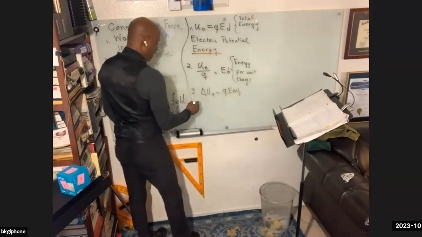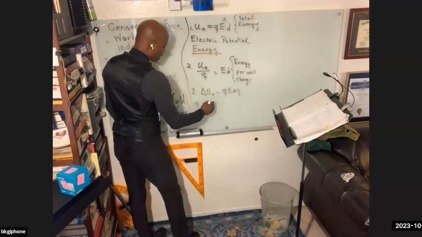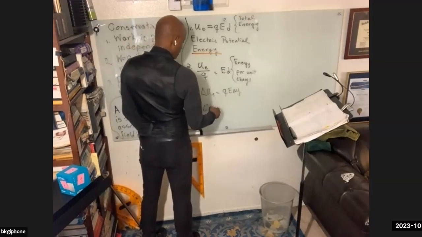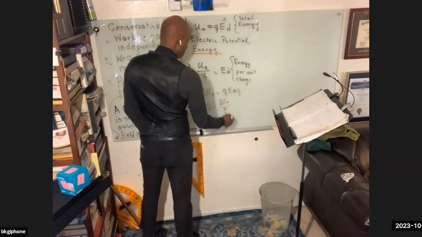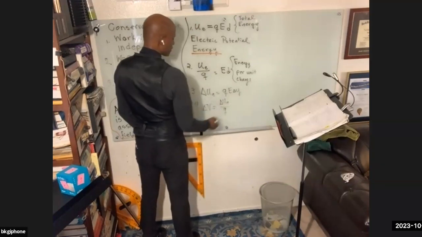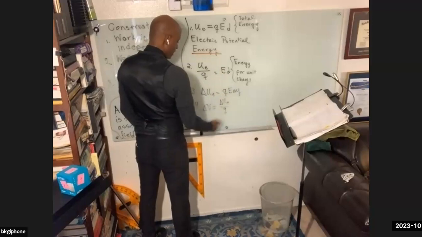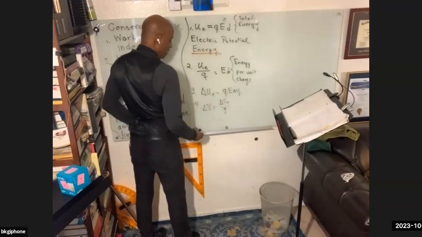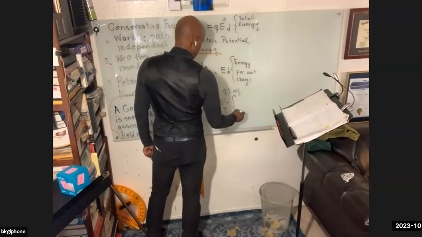And so I can define a change in electric potential, delta V, as delta U over q. In this particular case, that would also be equal to Ed, but in general, this is the relationship. And so this becomes the definition of electric potential.